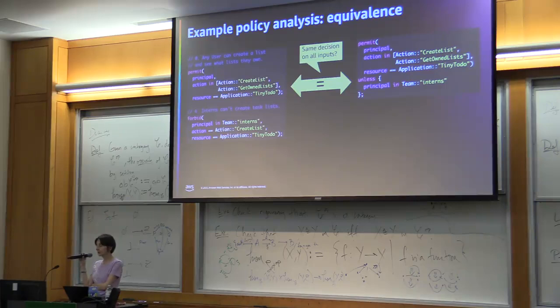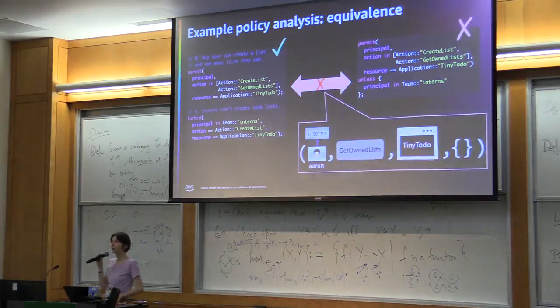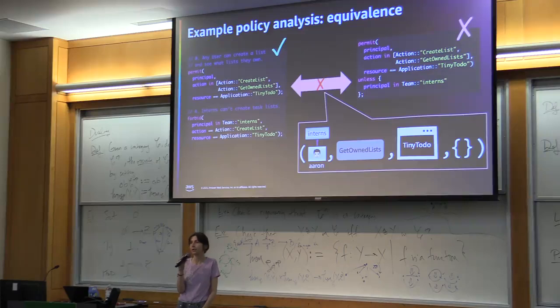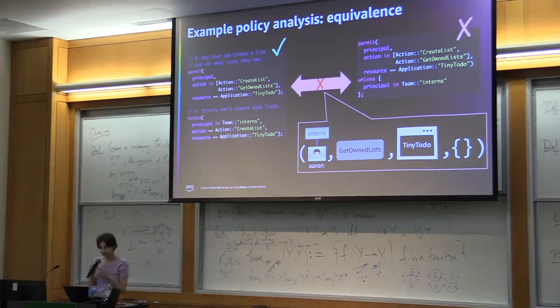Close, they're not equivalent. And if you ask the analyzer whether they are, it will say no, and it will return a concrete counterexample. An actual synthesized request and set of entities on which one policy set allows a request and the other one doesn't. So let's see what's happening in this counterexample. It's saying that Aaron, who is an intern, is allowed to perform get on list action on tiny todo, but it is not allowed on the other side.